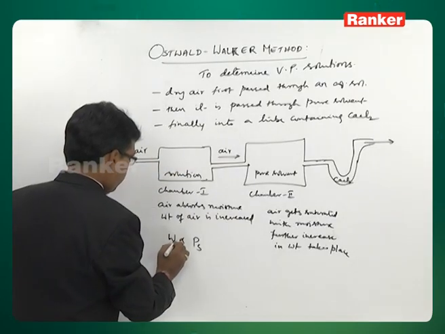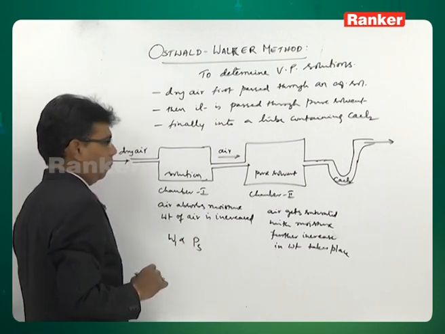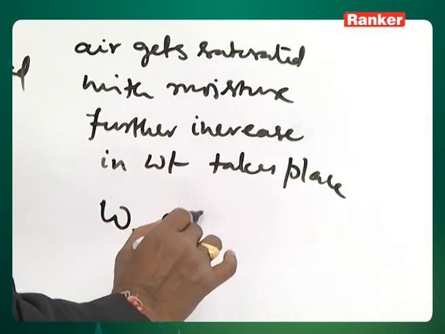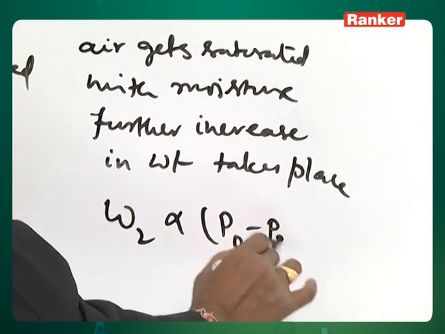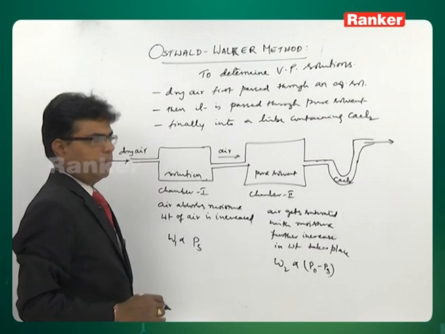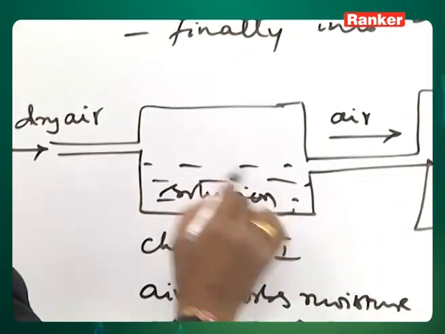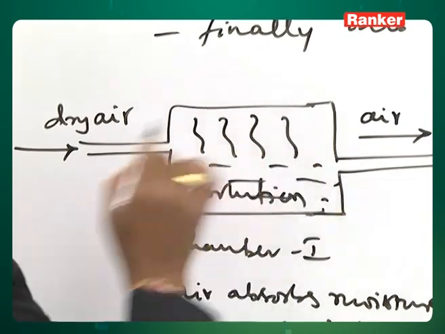If I take this as W1, then W1 is proportional to Ps. If I take this as W2, then W2 is proportional to P naught minus Ps. Here this is a solution and these are the vapors.